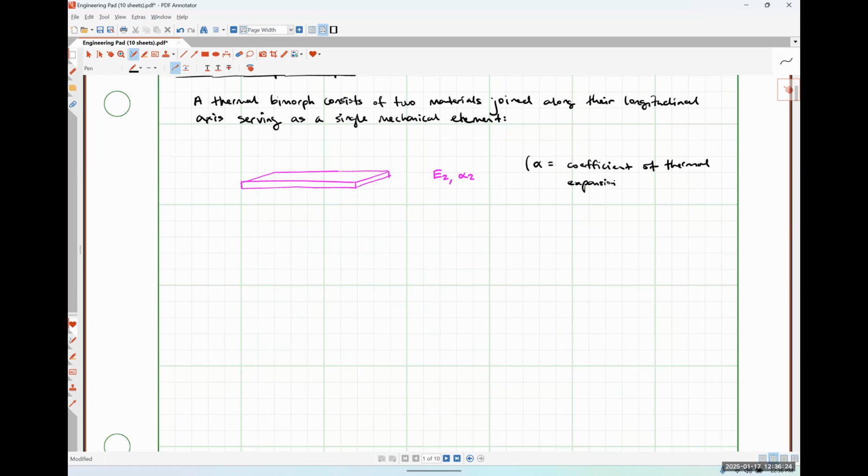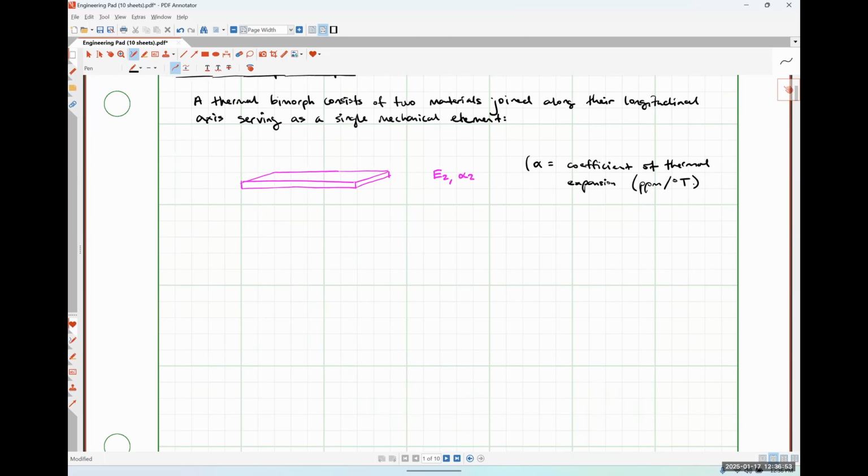And it's usually, I believe, given as a percentage change. So you might see it expressed as something like parts per million per degrees Celsius or potentially per degrees Kelvin. So I'm just going to put over here ppm per degree, and I'm going to use that capital T to represent temperature.